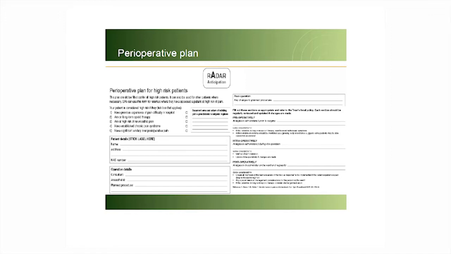So this, or a modified form of this, is available in the pre-op clinics, and the idea is that we try and identify at-risk patients in the pre-op phase so that our pain nurses and other members of the pain team can review the patients and try and formulate a plan for their analgesia at the time of their operation to try and allay a lot of their anxieties and fears, particularly if it's someone who's coming in to have revision surgery who's had an unpleasant or an unfortunate experience previously.